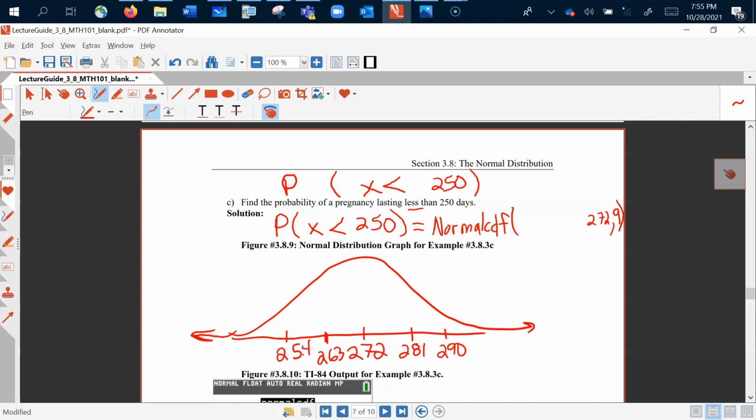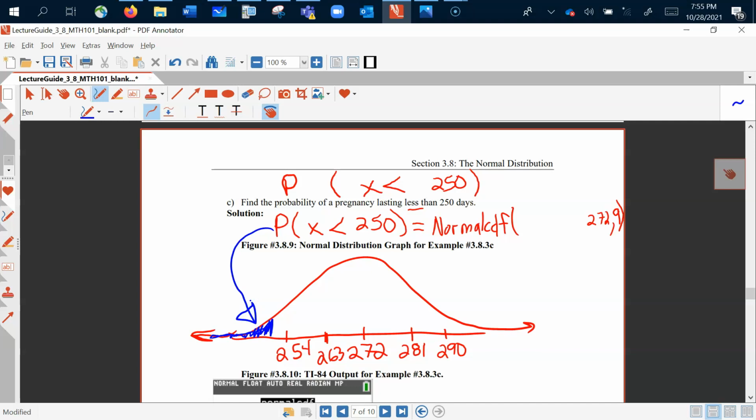Okay, and here, specifically in this example, we want less than 250. So I'll find 250 approximately, somewhere over here. And I want less than. So I've got the area in that little bitty left tail over there. So that's what the probability as far as the area under the curve will represent.